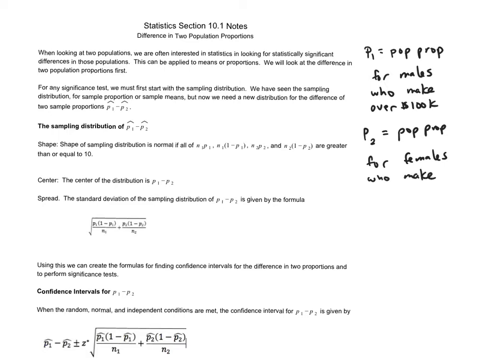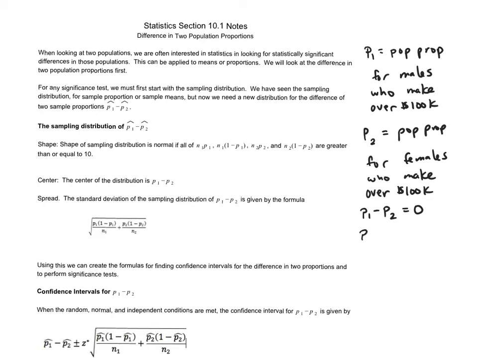So what we're trying to do in a difference of two parameters is we're trying to see what is the difference between these two parameters. So if I subtract the two, if I do P1 minus P2 and I get 0, that means they're exactly the same.